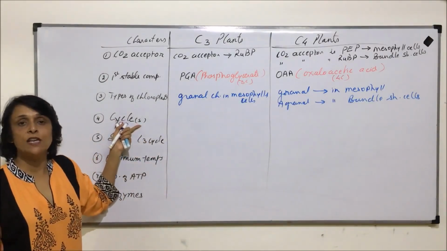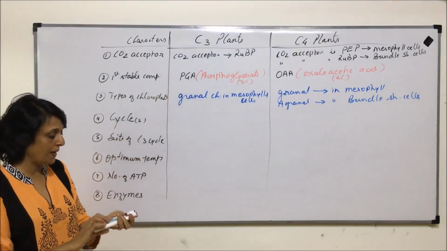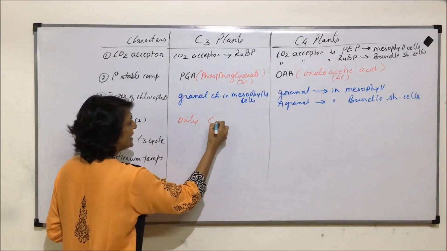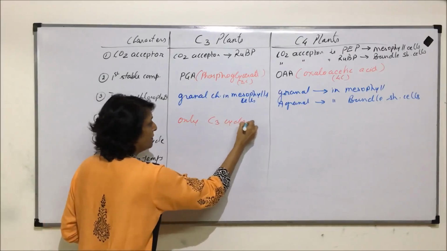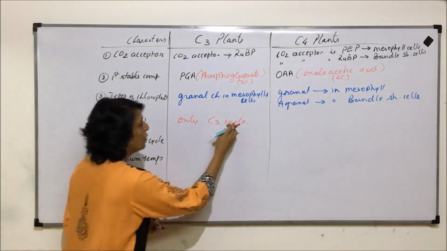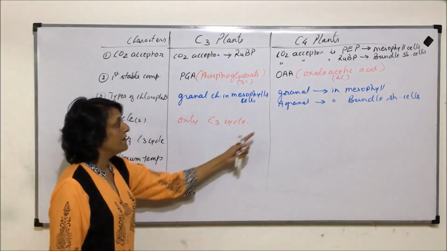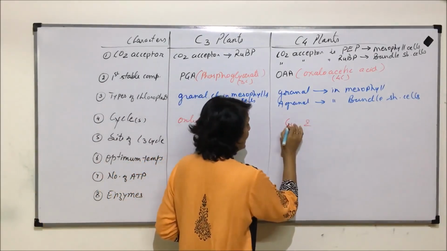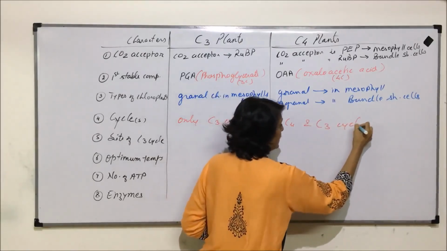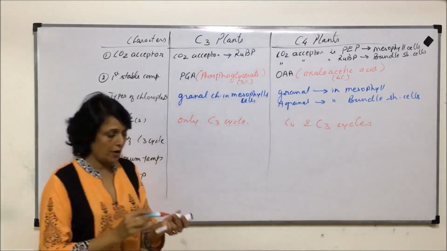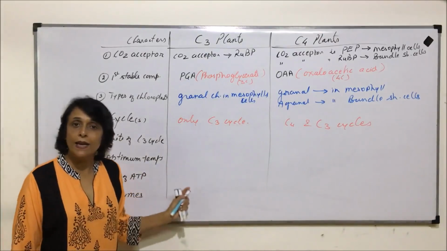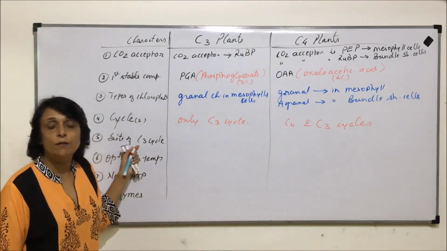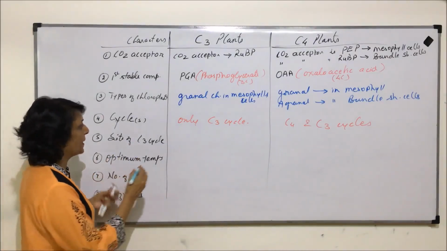Cycles, that means which type of cycles are seen in these plants. In case of C3 plants, it is only the C3 cycle, which we commonly know as the dark reaction. Whereas in C4 plants, both C4 and C3 cycles take place: C4 in mesophyll and C3 in bundle sheath cells. And then the site, where is the C3 cycle taking place?